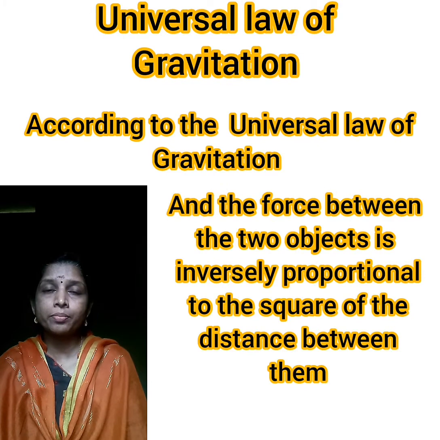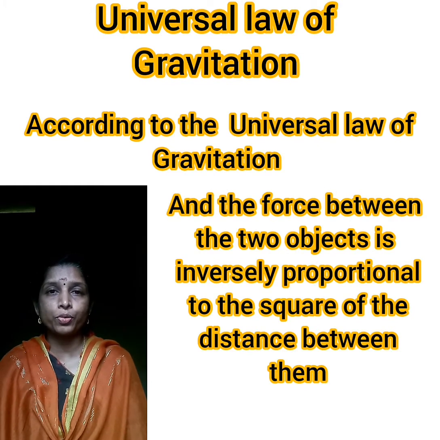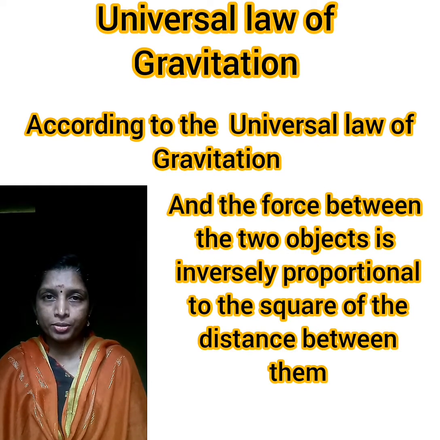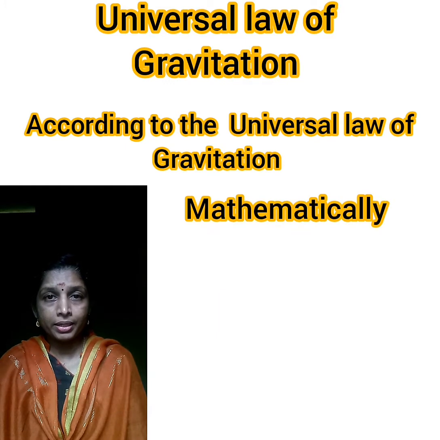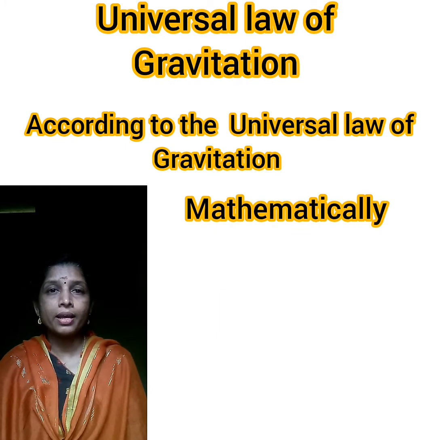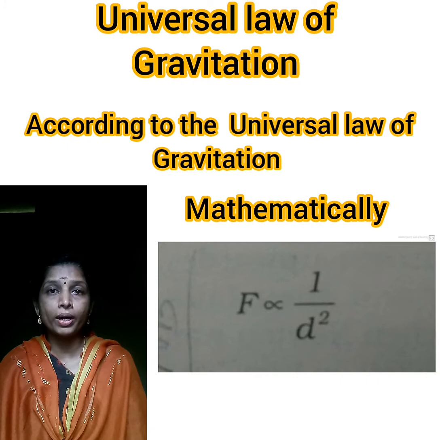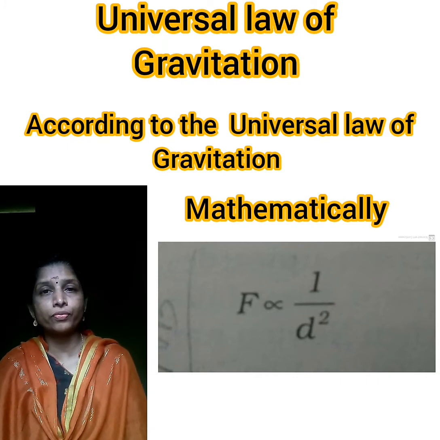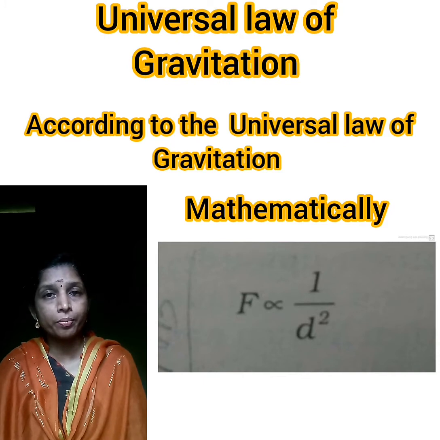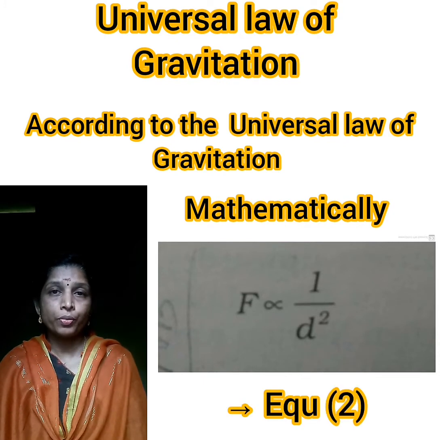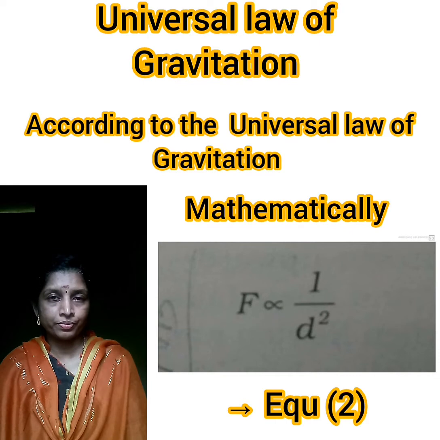Now the second statement is that it is inversely proportional to the square of the distance between them. Mathematically, F proportional to 1 by d square. Put it as equation number 2.